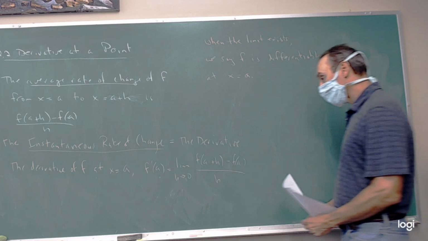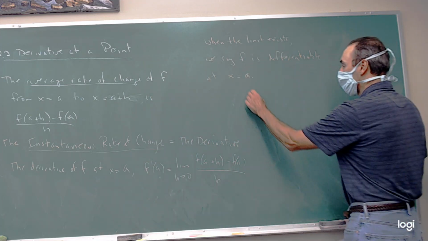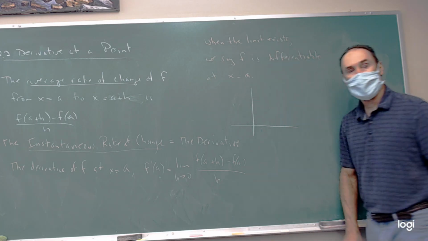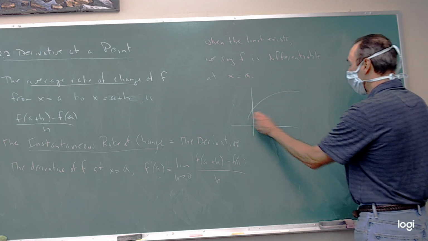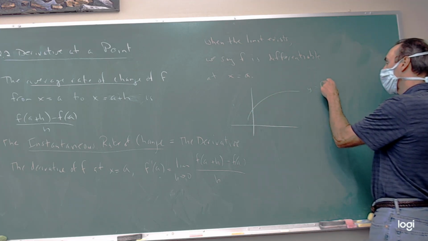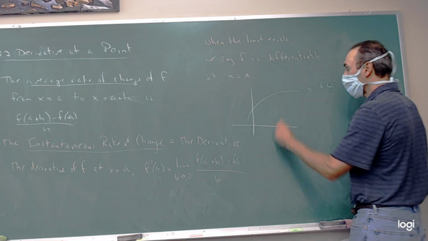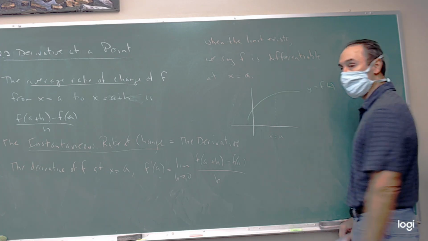So there's a kind of a picture that goes with this, and I want you to have a mental picture, an idea of what's going on behind the scenes here. So here's our xy axis. Here is our generic function, y equals f of x in green. And here is our x equals a right there.